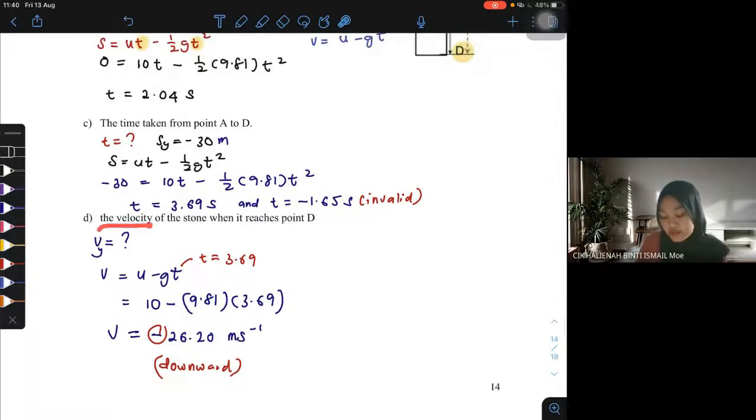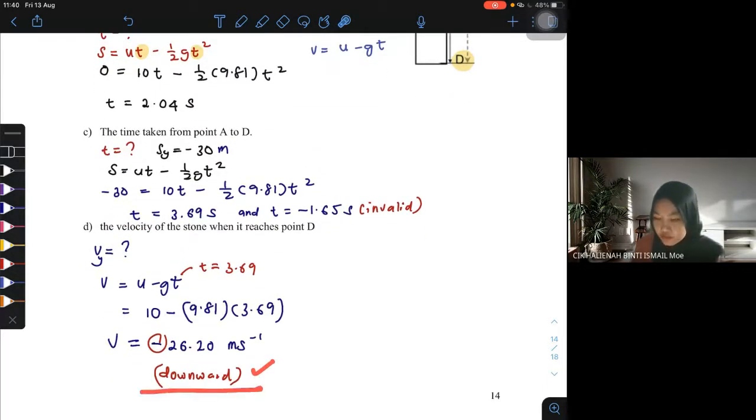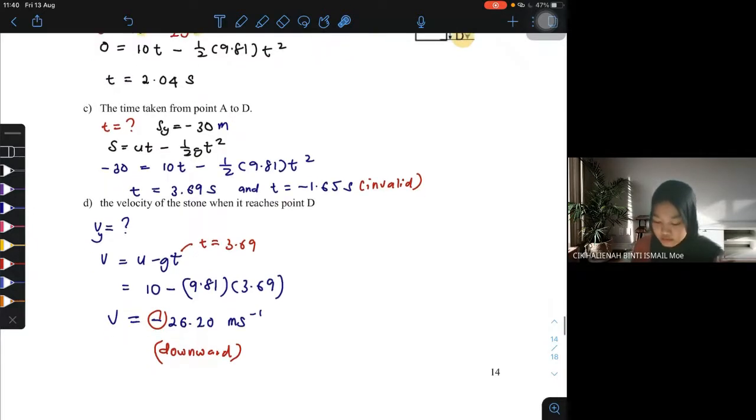Sebab dia minta velocity, so you need to state the direction. So direction ni bila kamu state, kamu akan dapat satu markah dekat sini. If you didn't state the direction, kamu just letak negatif. Okay, usually it depends lah. Kalau dekat dalam exam ada certain dia akan terima lah kalau letak negatif tapi tidak letak downward. Tapi to be safe, you always state the direction. Is it upward or downward?